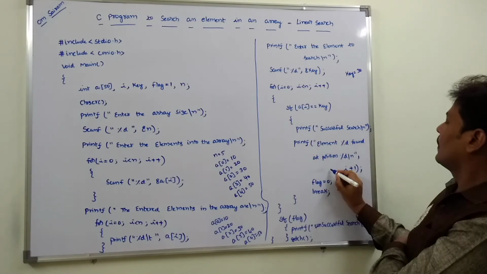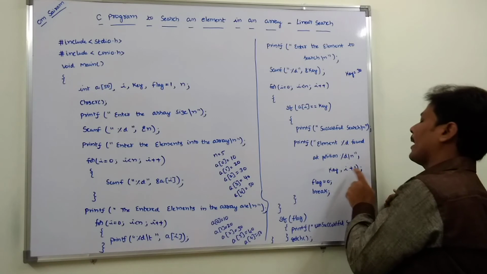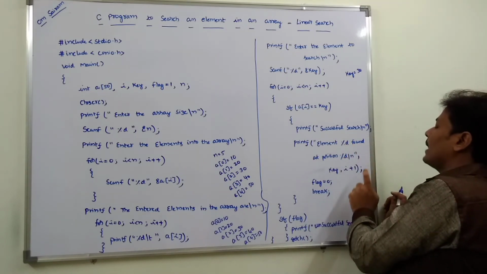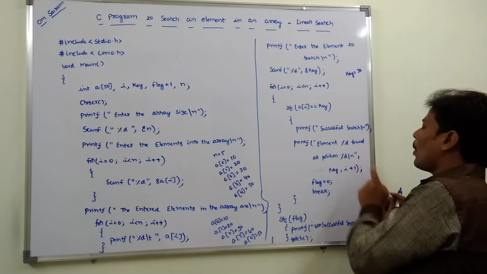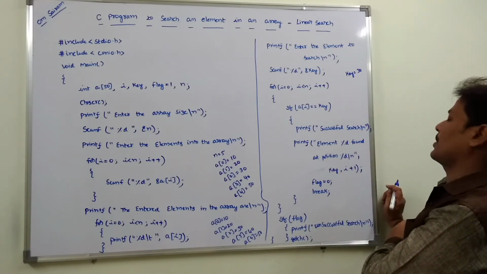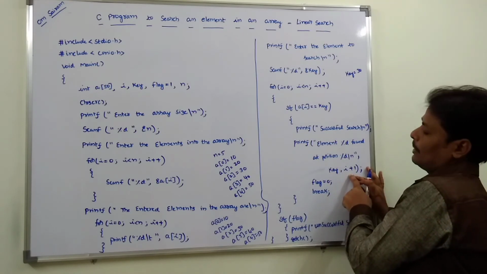So printf element key is found at I plus 1th position. Element is key, found at I plus 1th position because the array starts with 0. So I plus 1 is the 3rd position. So the third element 30 is found at the 3rd position.